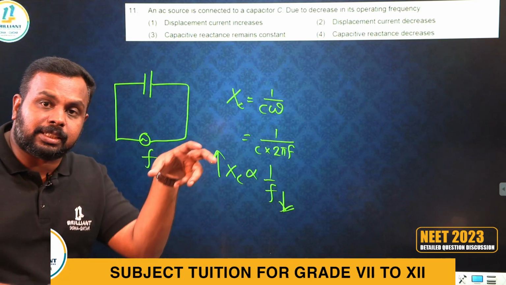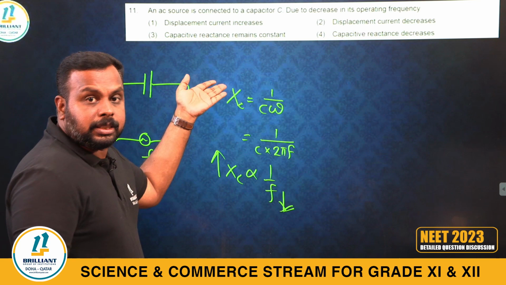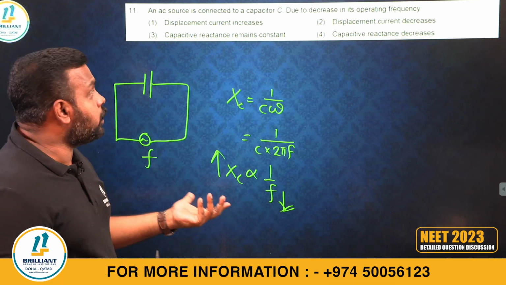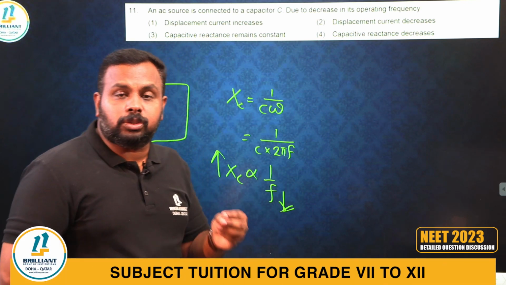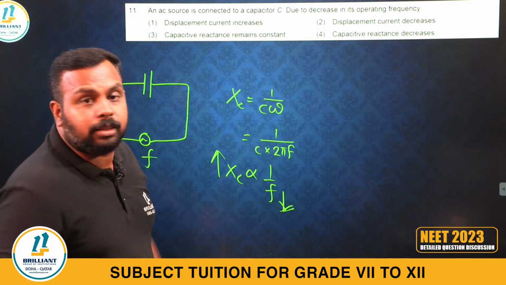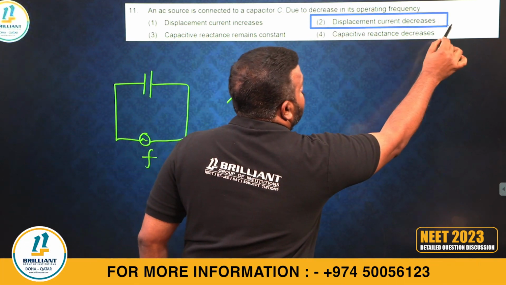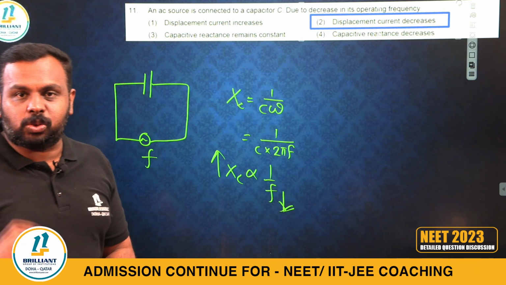So when resistance increases, current decreases. Current decreases means obviously displacement current also decreases. So the right answer for this question is displacement current decreases, option 2. Clear? Question from alternating current, class 12.